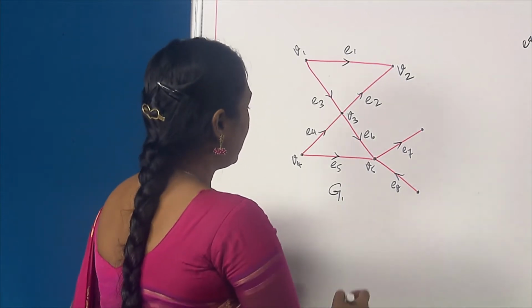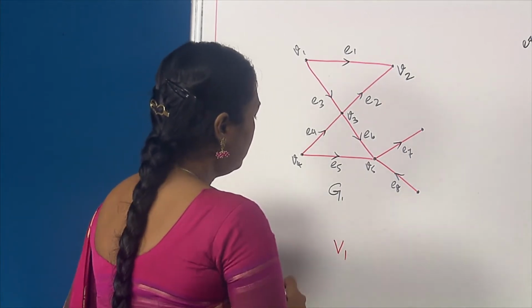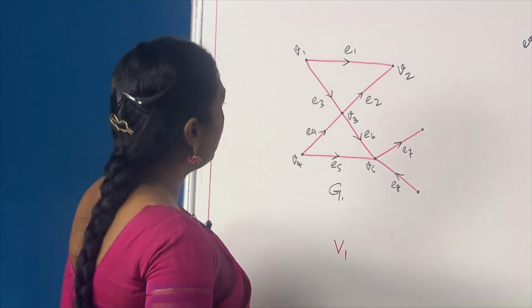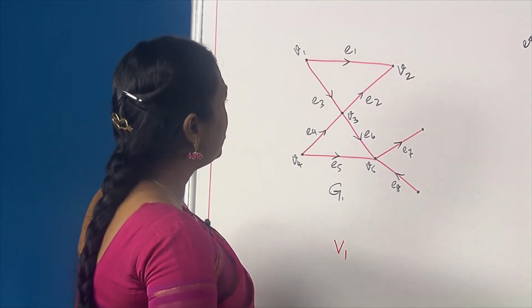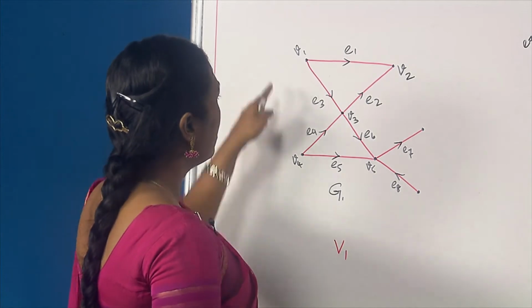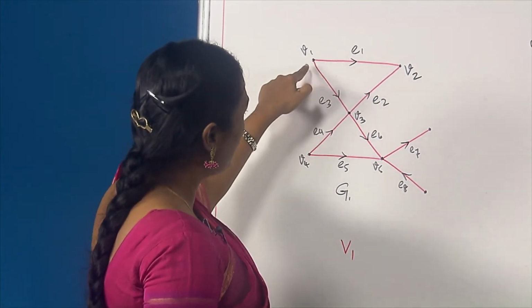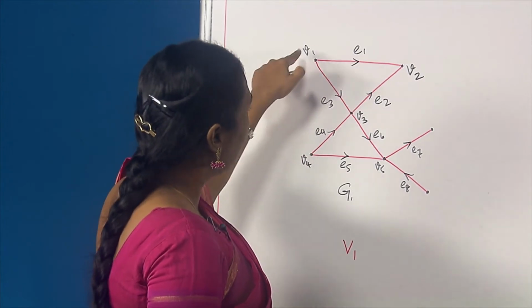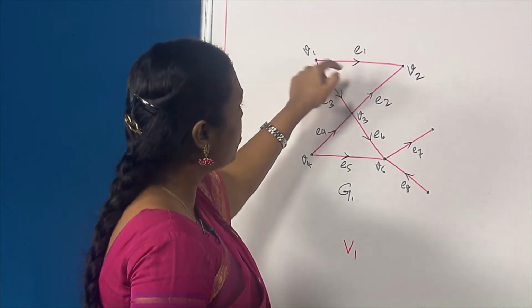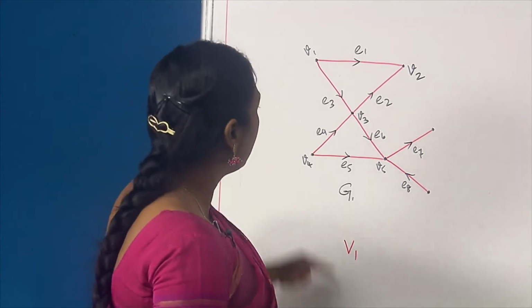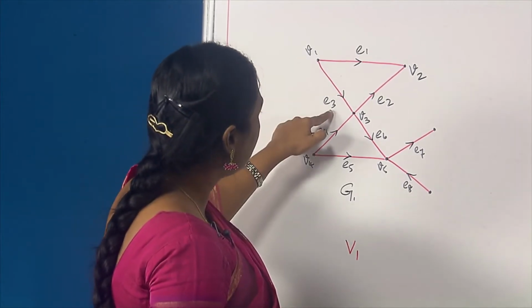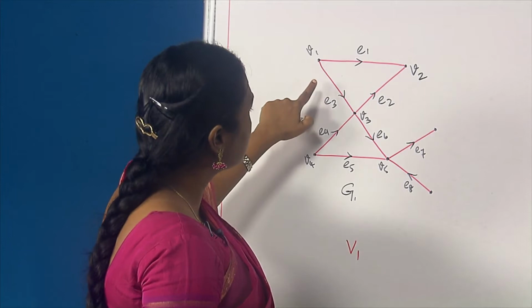Let us take the vertex V1. For V1, none of the edges incident upon V1 are coming into V1. The arrow marks are going outwards of V1, and likewise from V1 this edge here is also going outwards.